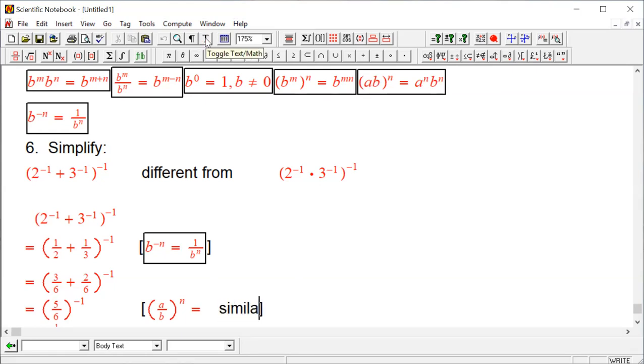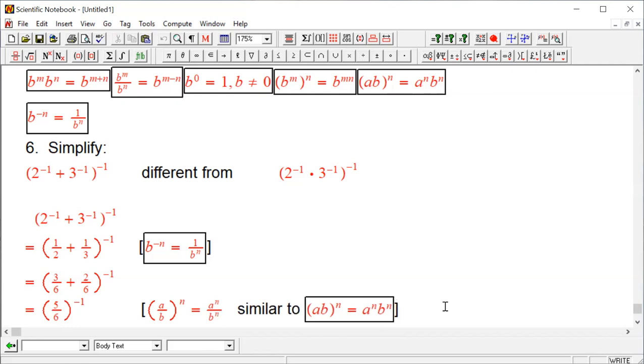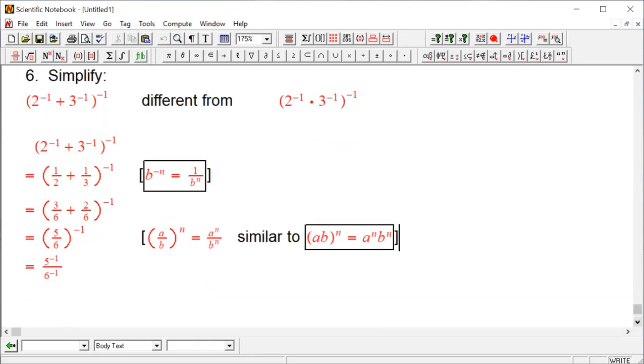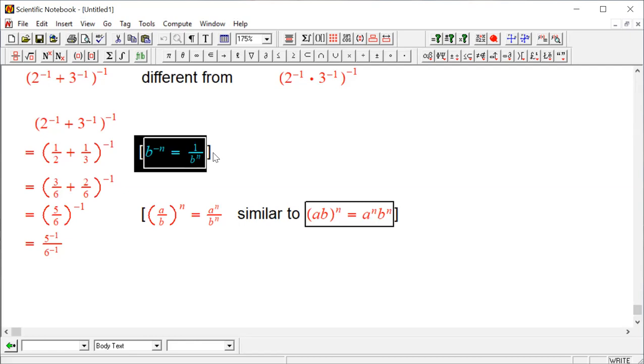Then we're going to get A to the power of n over B to the power of n. So now we're going to apply the negative exponents one more time, and we get 6 over 5.